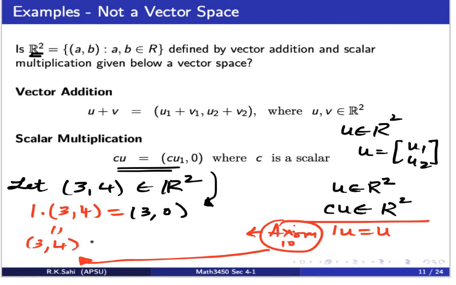Now, can (3, 4) be equal to (3, 0)? No way, they are not equal. So this is not possible. Hence, this is not a vector space.